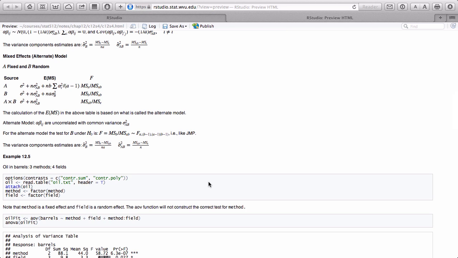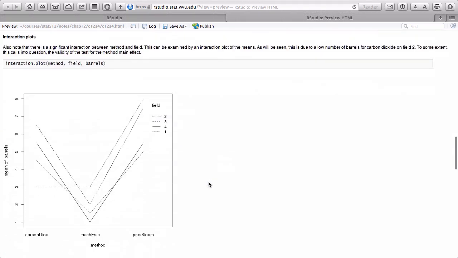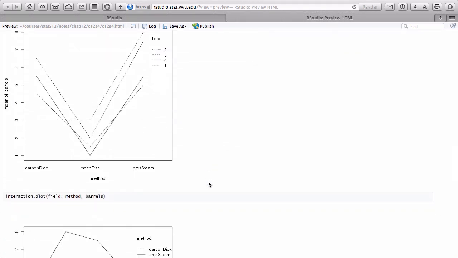It's unfortunate that it has such an effect on both testing and the variance components, but it does. It changes the variance component estimates for the random effects, and it changes the actual test you carry out. So this is kind of an introduction. Next time we're going to look at the A by B by C, and when we do that, we're going to learn how to compute expected mean squares.